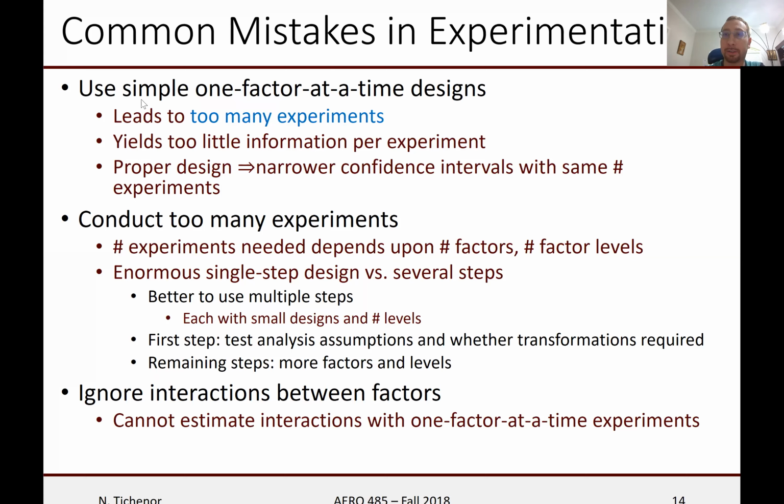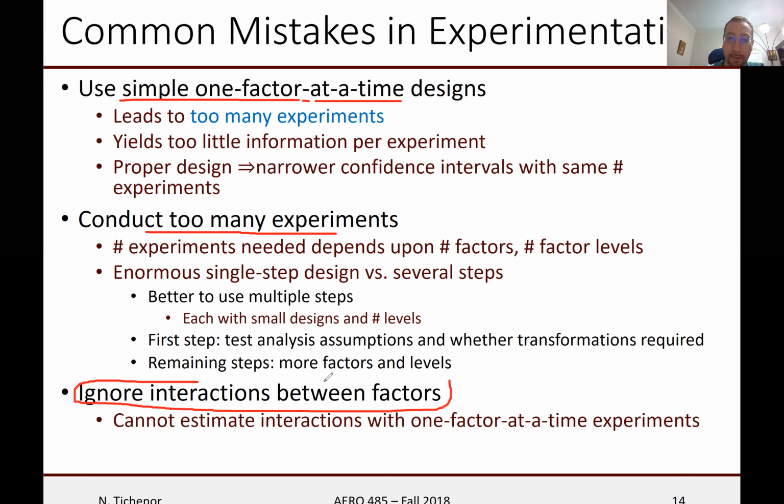There are three concepts in this category that are very related to each other. The simple one-factor-at-a-time design of experiments, or a full factorial design of experiments, which we will call factorial design, comes into the picture here. And what is related to the first one is ignoring the interactions between variables.